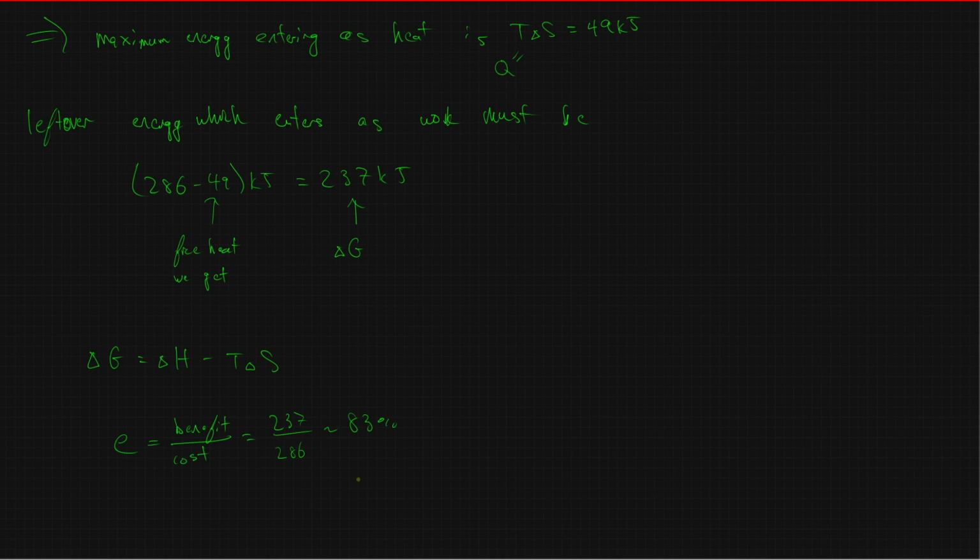Okay, so now let's go in the other direction. Burning hydrogen. And so burning is just this chemical reaction right here, where you take H2, put it together with O2, gives you water.